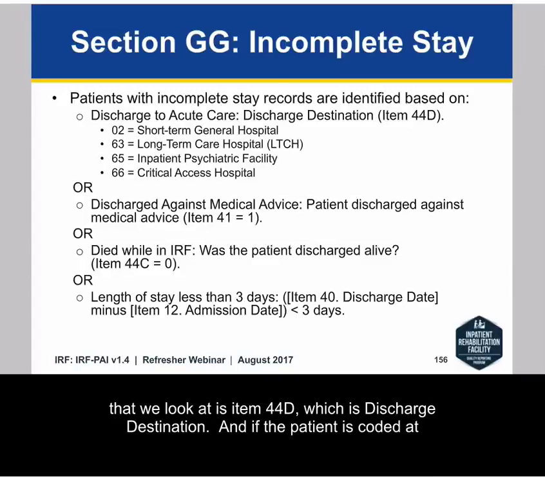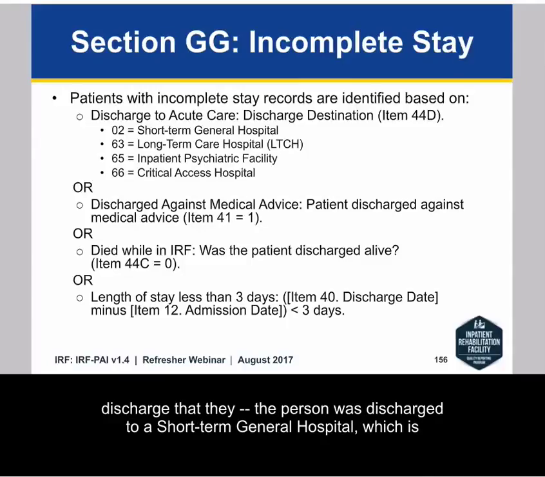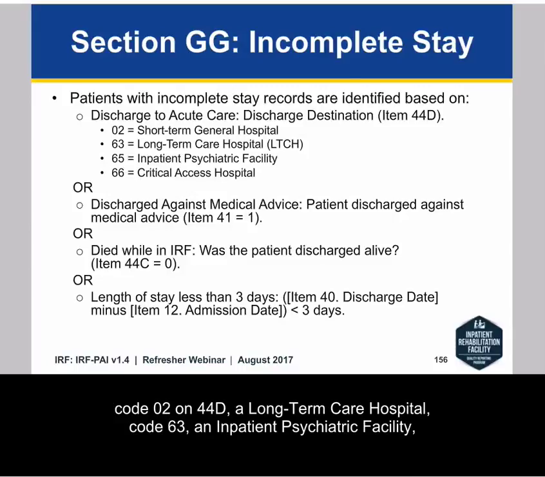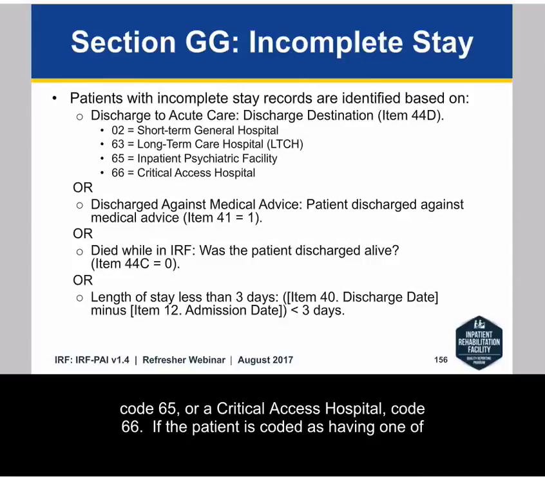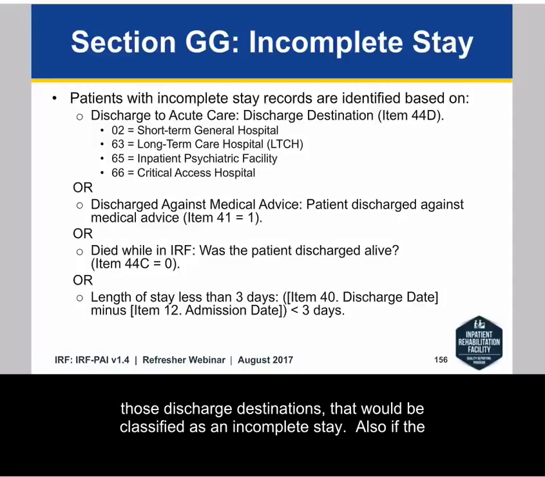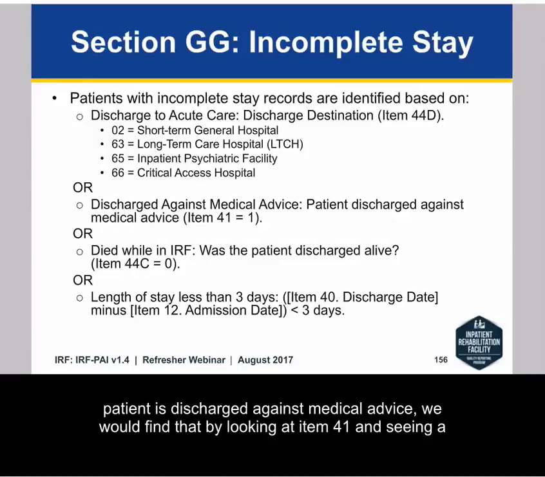And if the patient is coded at discharge that the person was discharged to a short-term general hospital, which is code 2 on 44D, a long-term care hospital, code 63, an inpatient psychiatric facility, code 65, or a critical access hospital, code 66. If the patient is coded as having one of those discharge destinations, that would be classified as an incomplete stay.